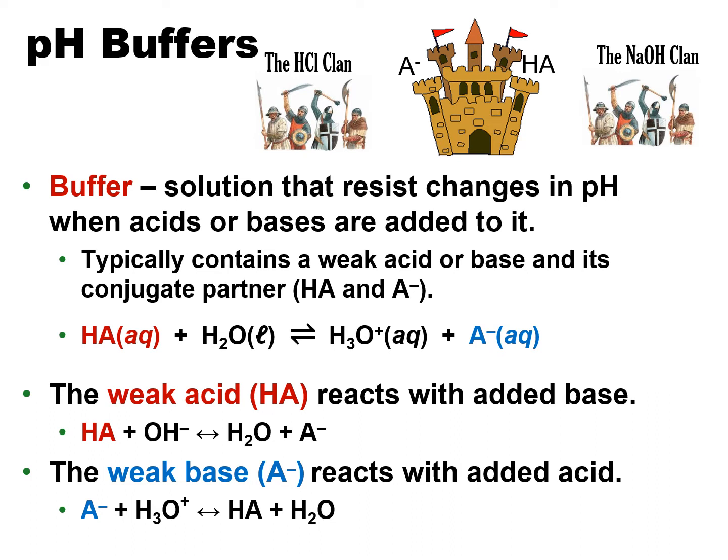If I'm taking a weak acid, HA, then the conjugate base A minus is going to be quite strong, so it's effective in defending me from the HCl attack. But if, for example, I took hydrochloric acid, a very strong acid, I would have an effective defense line on the right.